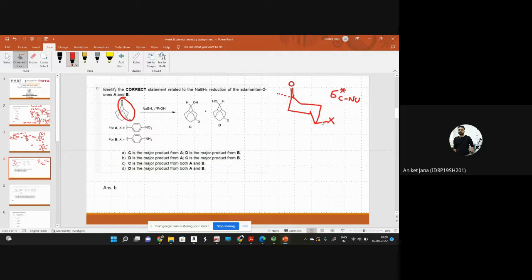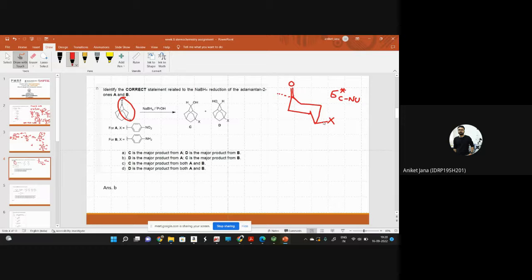So it will donate to the anti-periplanar bond of the newly formed bond. Okay, so here as we can see X is in the equatorial position. So definitely the equatorial bond formed will be stabilized anti-periplanar with respect to X, and the more electron donating X is, this equatorial bond formation of the carbon nucleophile will be more favorable.